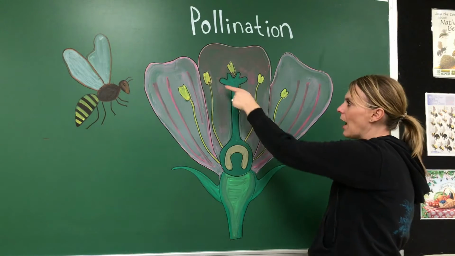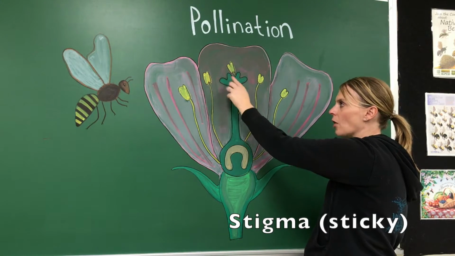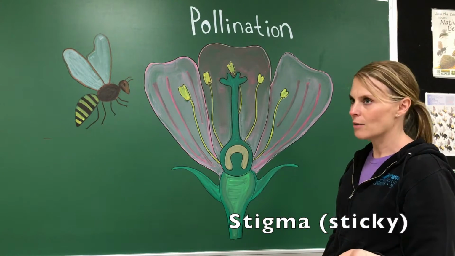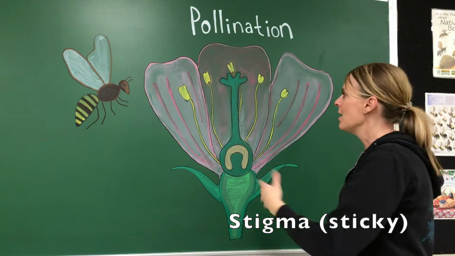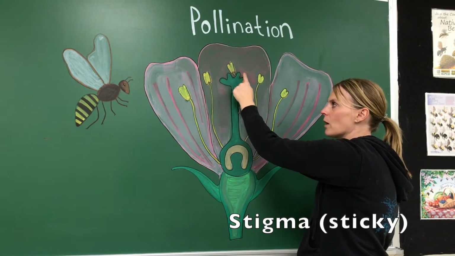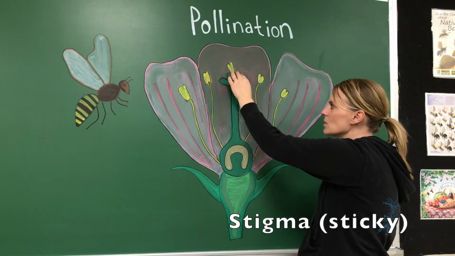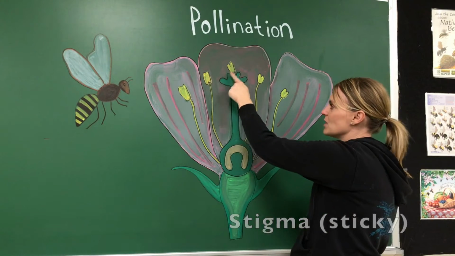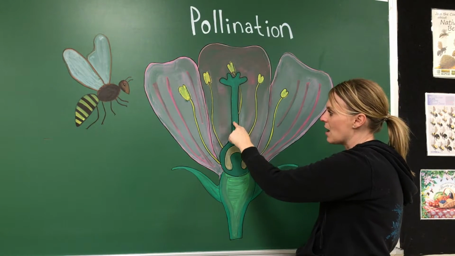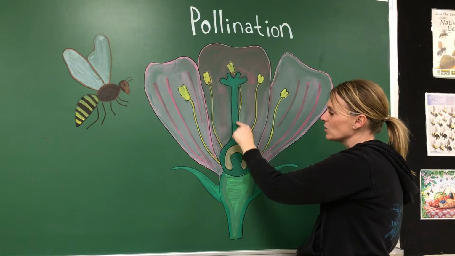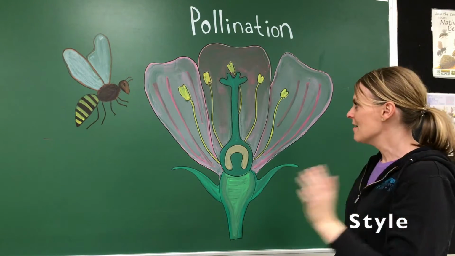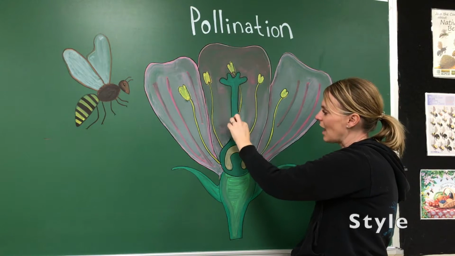Here on the top, this is called the stigma, and it's sticky. I usually try to remember, sticky stigma. The reason that it's sticky is this is where the pollen is transferred. This is the structure that the pollen sticks to. So we've got the sticky stigma, and then we head down here. And this long tube-like structure is called the style, because girls have style. And so this is the style.